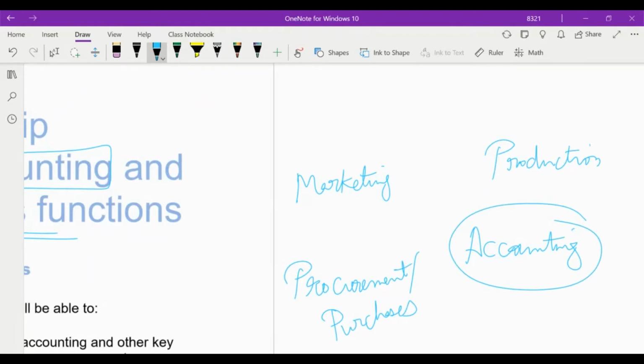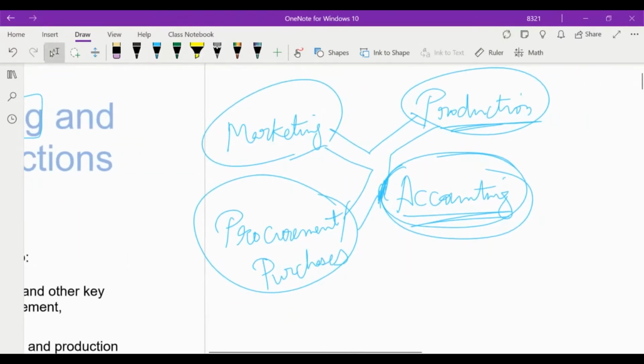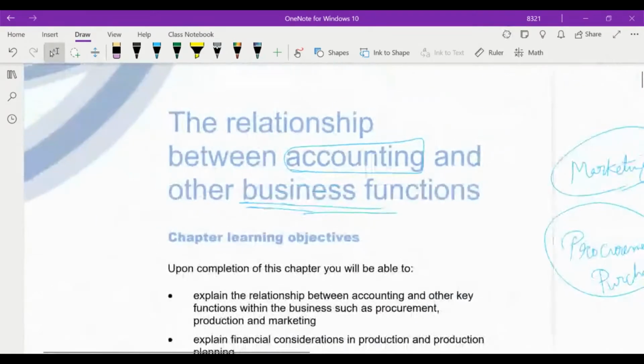Accounting happens to be at crossroads with all these functions. That simply means every function has to pass through accounting somehow. These functions are connected with accounting in a manner where these cannot function without involvement of accounting department. So the accounts department, how it will interfere with all these other functions, that is what we have to study in this chapter.